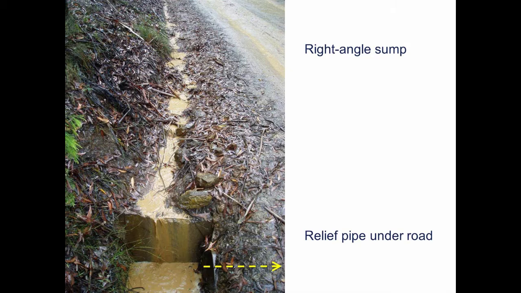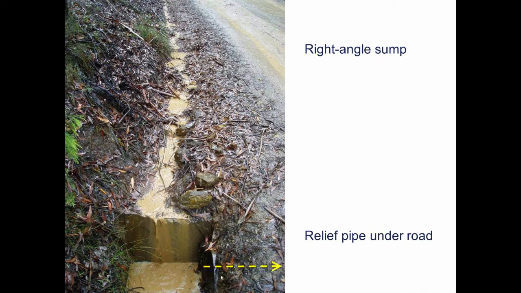I mentioned when we have that infall situation with a cut batter and a table drain, that you then have a need to remove that water from the table drain away from the road. So in this situation, you can see the water here in the table drain is flowing towards the bottom of the screen. It flows into what we call the sump.